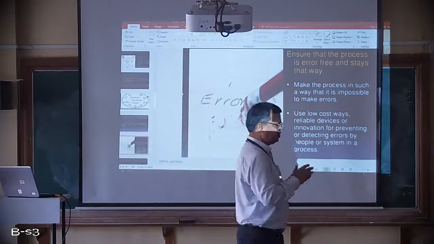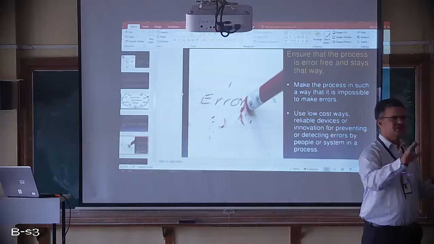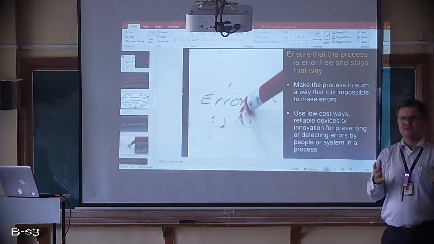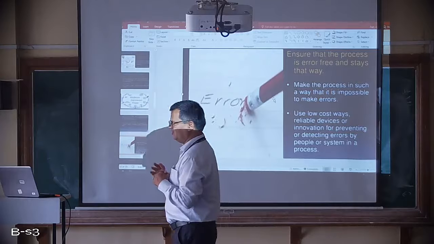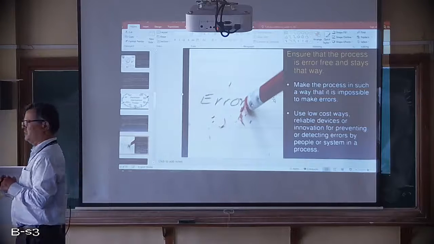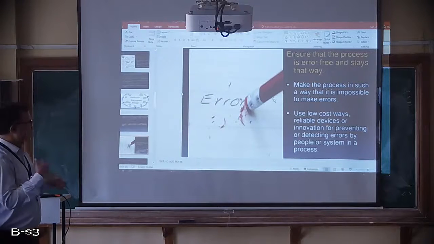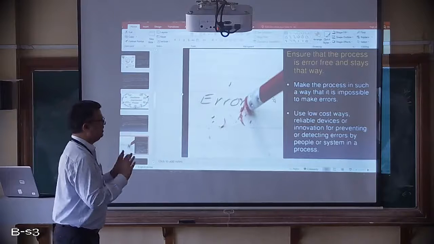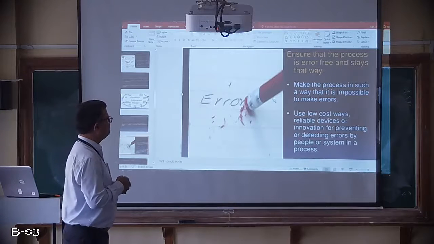It's totally foolproof. So even if you try to do that, there won't be a shock or sparks. So when they want to make Poka-yoke, foolproof means that even if they try to make errors, it should not be possible. Make the process such that it is impossible to make errors.